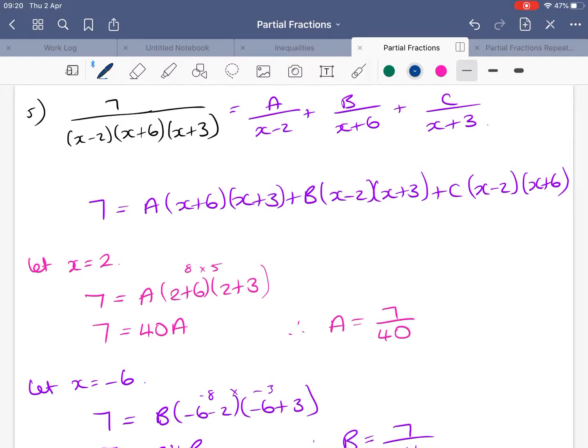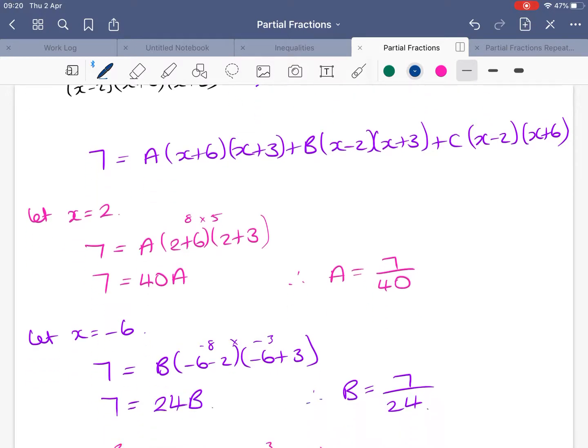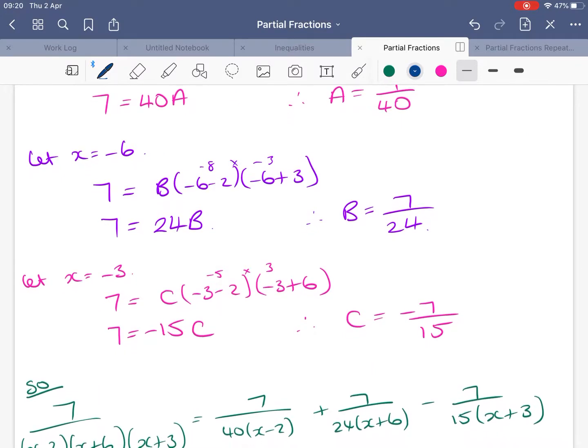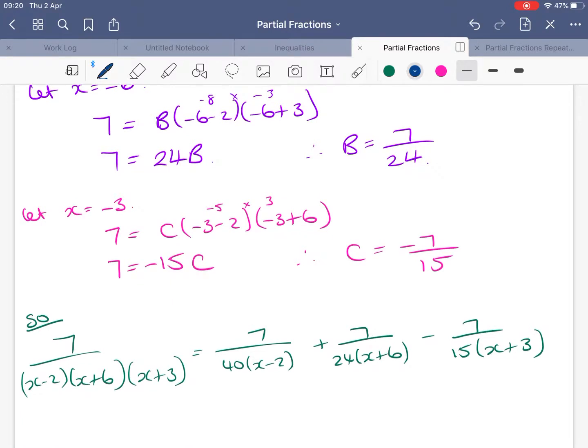So you ended up with a was 7 over 40. You had to use x is -6 and got b was 7 over 24. And x was -3, and you got c was -7 over 15. And so you ended up with that quite horrible looking answer there.